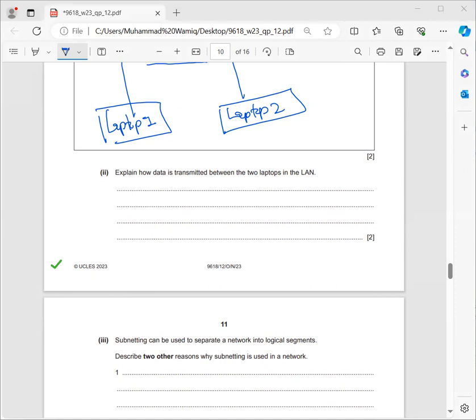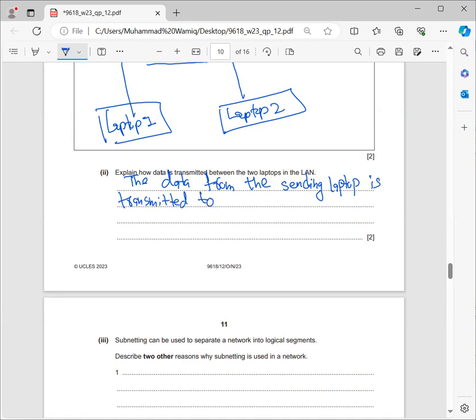Now, for this part, you can write that the data from the sending laptop is transmitted to the router, where it has the address of the receiver.